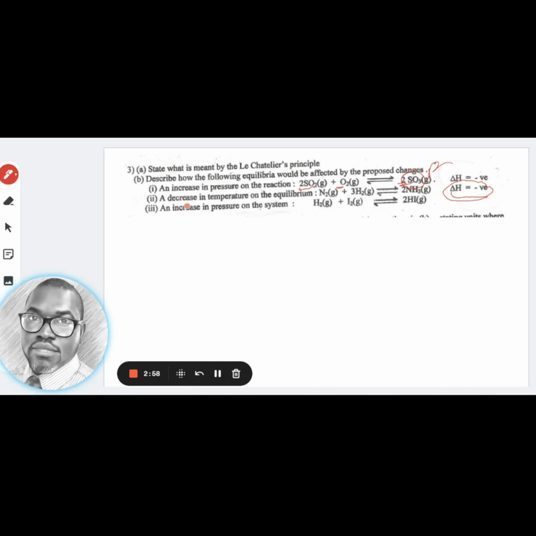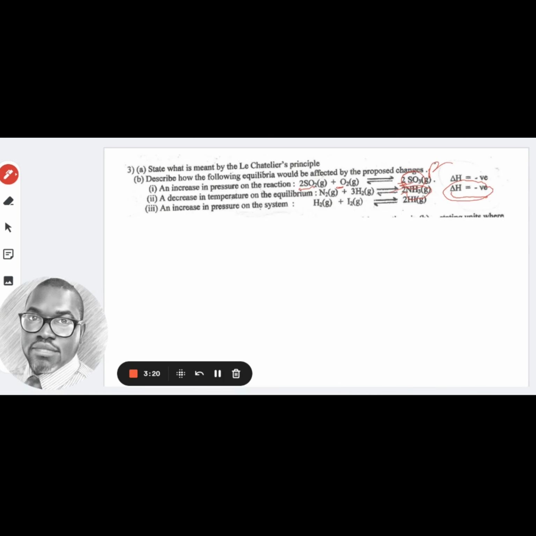So you decrease the temperature. The system is saying, we don't want you to decrease the temperature; we want to increase back the temperature. So the reaction will proceed in the direction which produces heat, which is the forward reaction. And so more ammonia would be produced because you are trying to increase back the temperature.